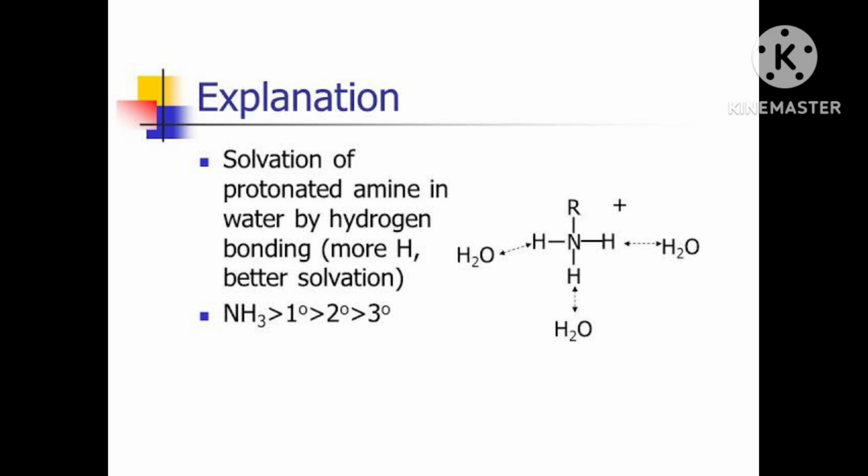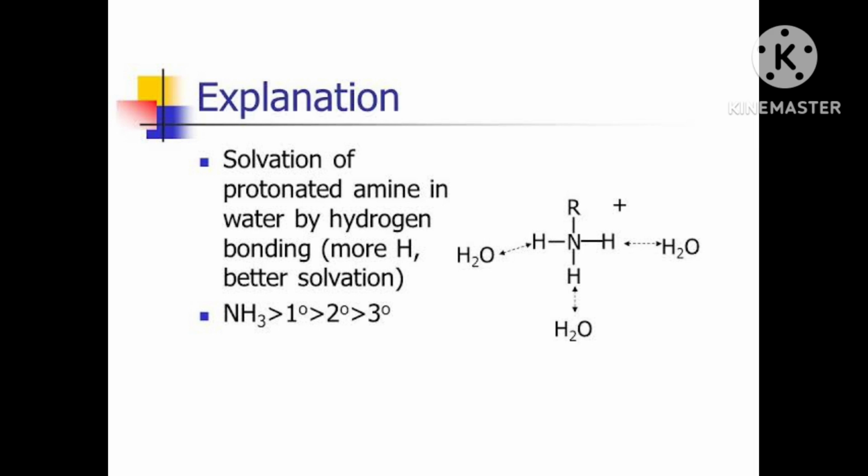Okay. Now just these two structures, you understand. In one case R is attached, in other case H is attached. NH2 is as it is, and it has joined the H. Then it is forming a new bond with hydrogen. Okay.